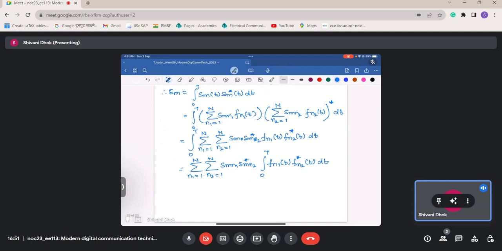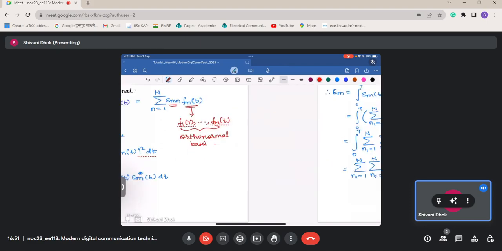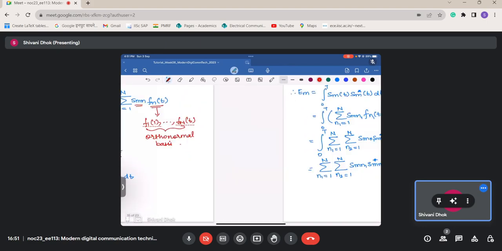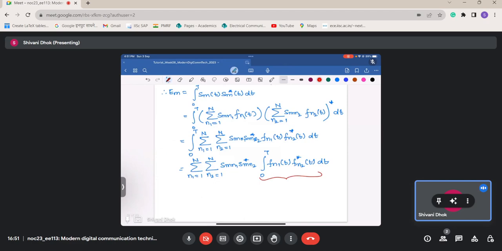Okay, now this quantity, since f1 to f capital N are orthonormal sequences, will be equal to 1 if n1 equal to n2, and equal to 0 if n1 not equal to n2. So this integral, in a concise way, I can write as delta n1 minus n2, where this delta is defined something like this.